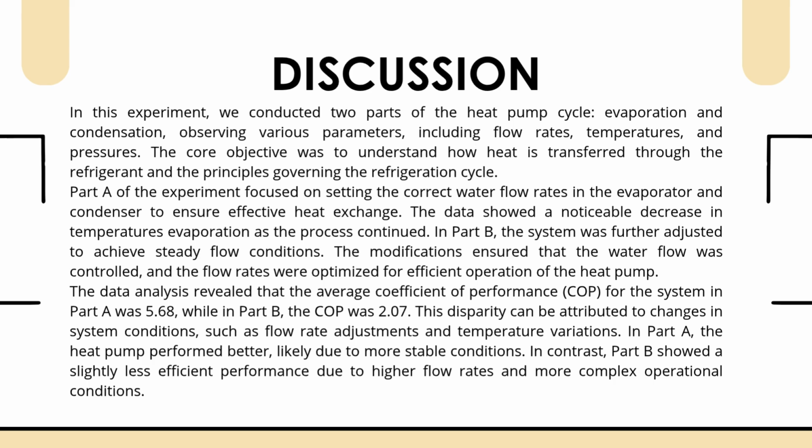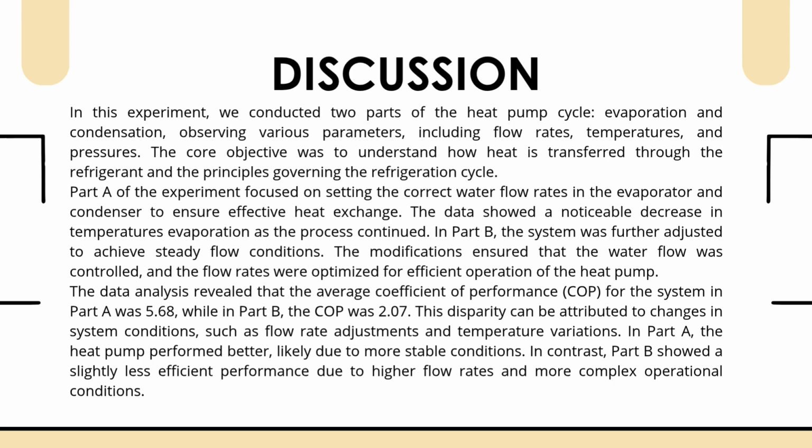In part B, the system was further adjusted to achieve steady flow rates. The modification ensured that the water flow was controlled and the flow rates were optimized for efficient operation of the heat pump. The data analysis revealed that the average coefficient of performance, COP, for the system in part A was 5.68, while in part B the COP was 2.07.